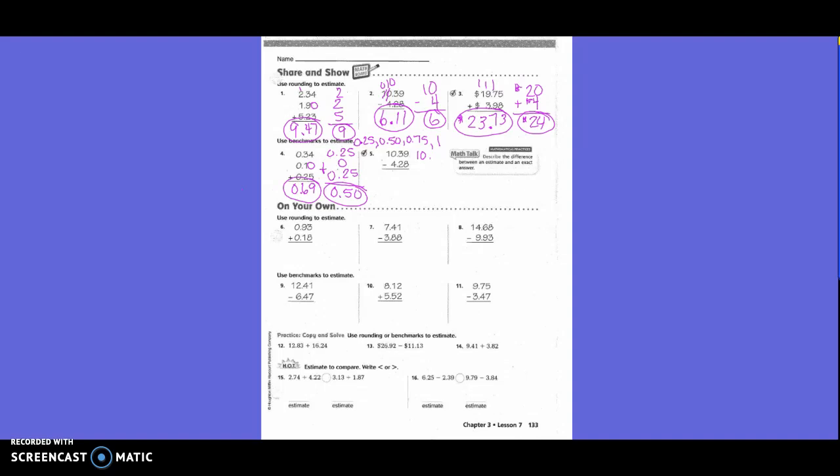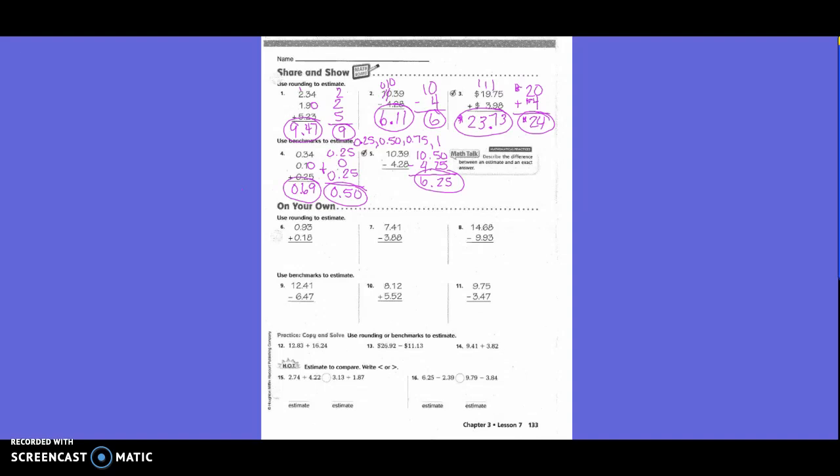So 50 hundredths minus 4 and 28 hundredths. What would it be closest to? 25 hundredths. So we would have what? So this would be 25, right? And 10 minus 4 is 6. So 6 and 25 hundredths.